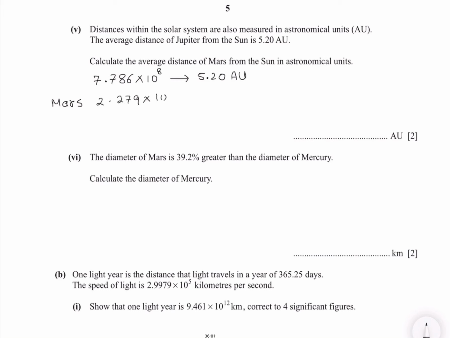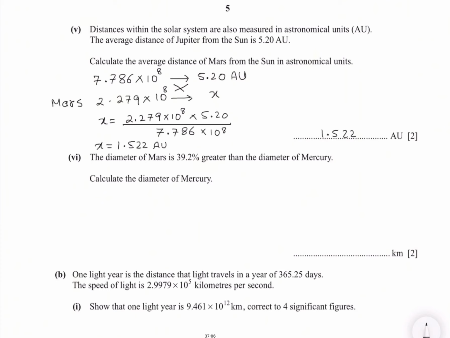So 2.279, and this is x here. Now cross multiply. Now solve it for x. So 1.522. So this is your astronomical unit of Mars.